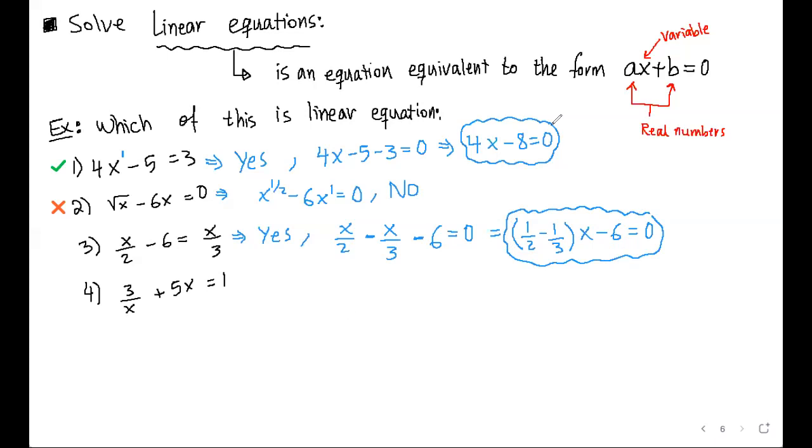We have a number in front of the variable, minus 6 equals 0, so this is linear. 1/2 minus 1/3 is 3 minus 2 over 6, which is 1/6, so 1/6 x minus 6 equals 0.